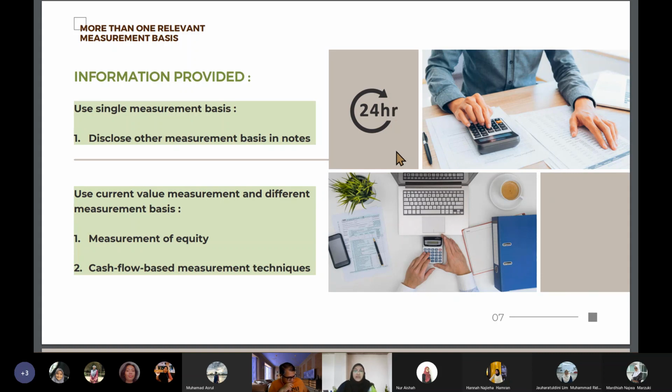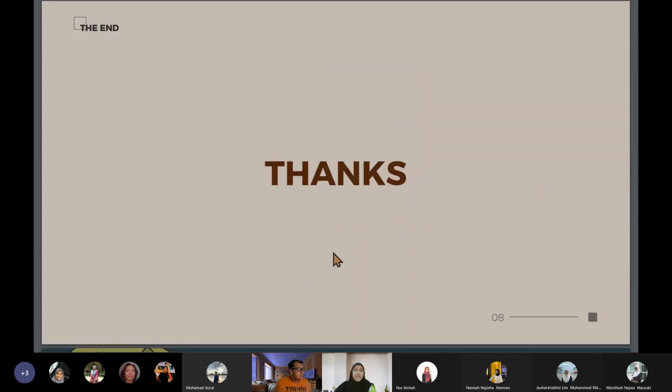If we have more than one relevant measurement basis, we could also use the current value measurement and different measurement bases, which include the measurement of equity, where the measurement of equity is the measurement of the total carrying amount in the equity and the cash flow based measurement techniques. So that's all from me.